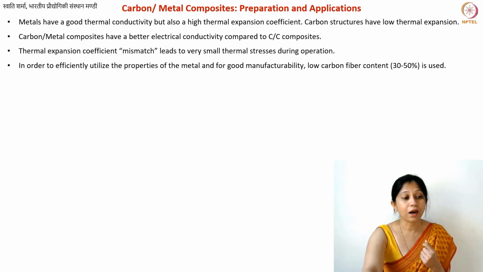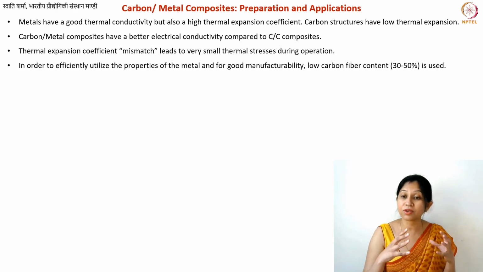Okay, so now what we need to figure out is how much carbon fiber should be added. So you know that in the case of CFRPs, it's typically 60%. But in the case of metal matrix composites, it's slightly lower because often you want to utilize the properties of your metal efficiently. You don't want to reduce the thermal conductivity or electrical conductivity of your overall structure.